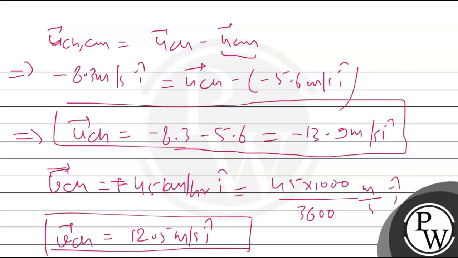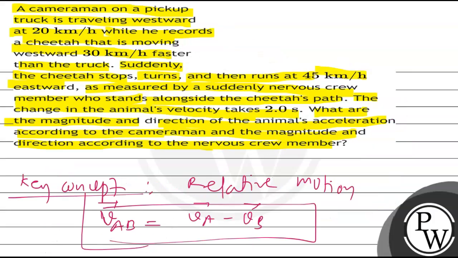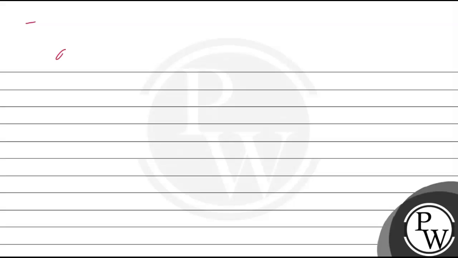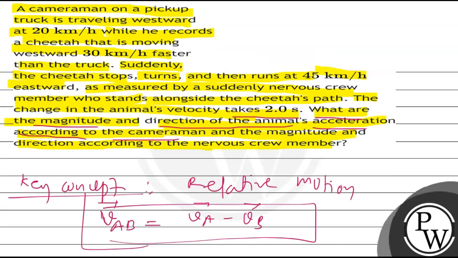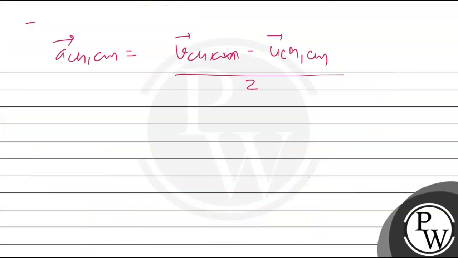Now let us solve the question. We need to find the magnitude and the direction of the animal's acceleration according to the cameraman. So the acceleration of the cheetah with respect to the cameraman can be written as the final velocity of the cheetah with respect to the cameraman minus the initial velocity of the cheetah with respect to the cameraman, upon the time taken in this turn. The time taken by the cheetah is 2 seconds. Now let us put in these values.